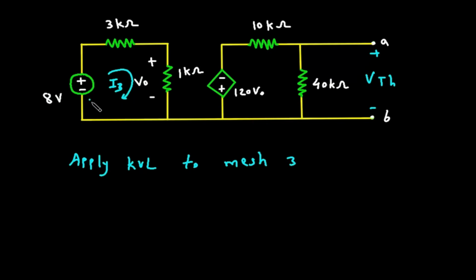We will start from here. So this will be -8. This will be positive. This will be negative. So plus 3000 I3 plus 1000 I3 is equal to 0.